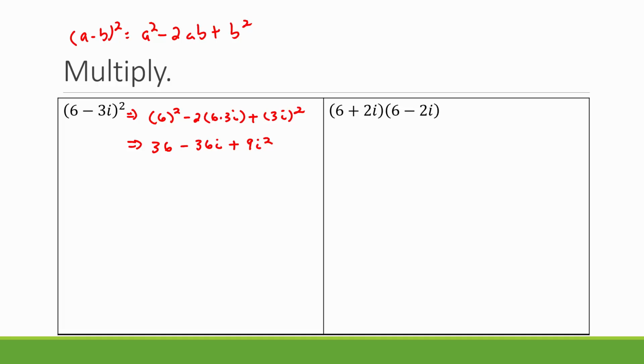So again, we have that i squared that's not underneath the radical, so we need to change that to -1. So that would become just a -9. Combine the like terms. The 36 minus 9 would give us 27 minus 36i.